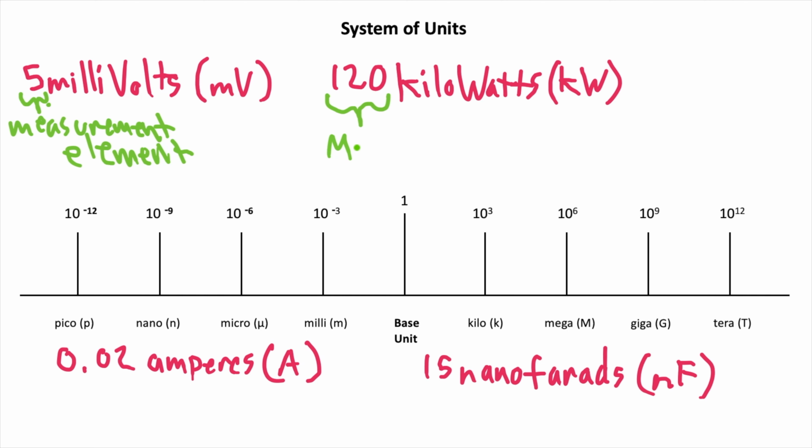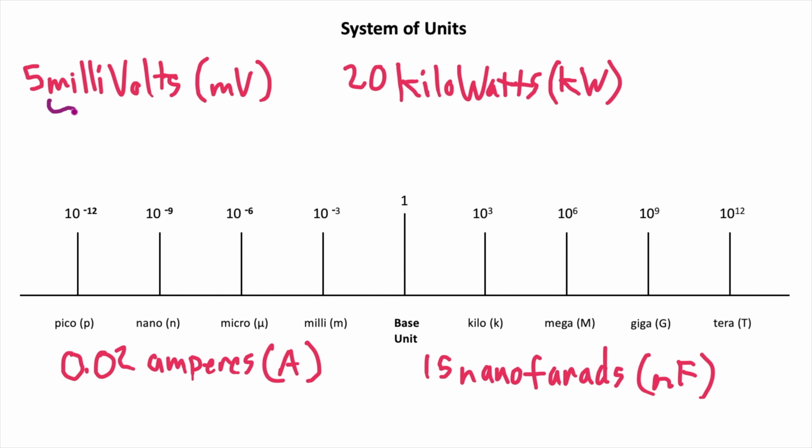So we have 5, we've got 120, we have 0.02 here, and then we have 15. So again, this is the measurement element. You can just describe it by saying measurement specifically. Again, this is the numerical value, and it indicates how much of the unit that we have. So this is answering how much.